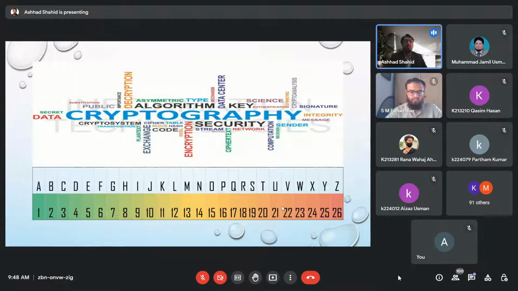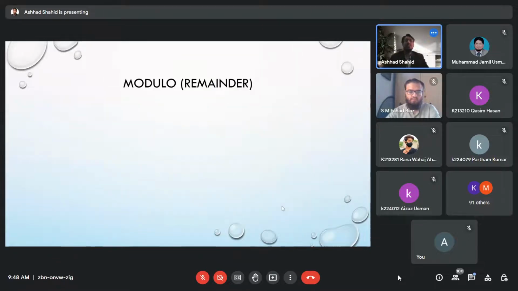Let's consider one example. This is the simplest example that can be used for cryptography, although cryptography is not that simple. But for the sake of our understanding at this stage, let's say we assign numbers to the alphabet, like A equals 1, B equals 2, and up to Z equals 26.